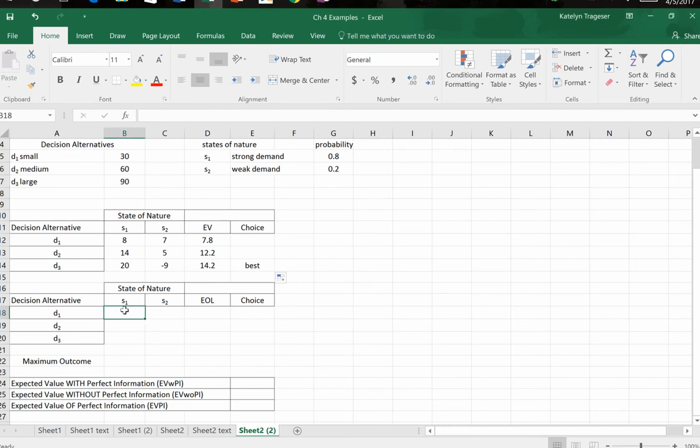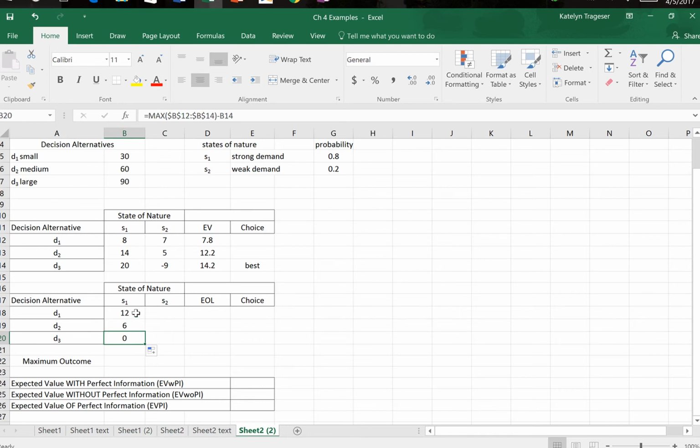So we enter the formula equals the max of these 3 numbers, lock them in, less the number for that decision alternative and associated state of nature. We know that 20 is our max. 20 minus 8 gives us 12. Drag that down. We can see our last one here is 0. Well, 20 is our max, and 20 minus 20 is going to return a 0.